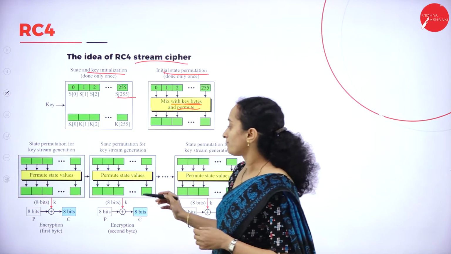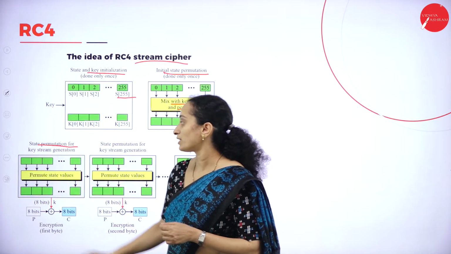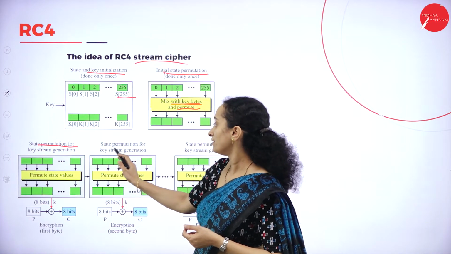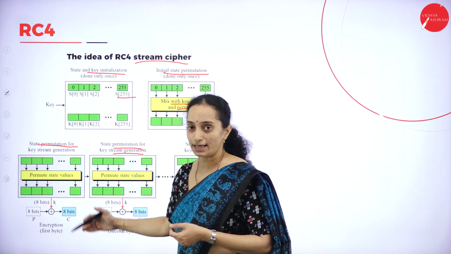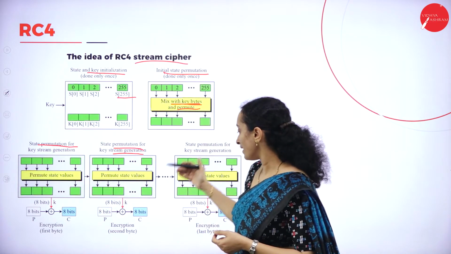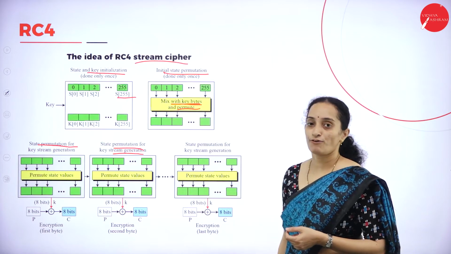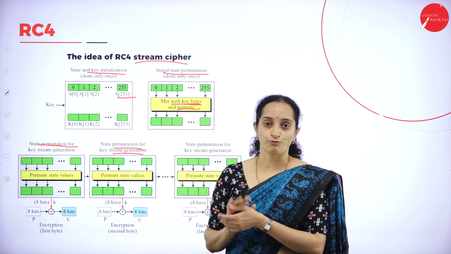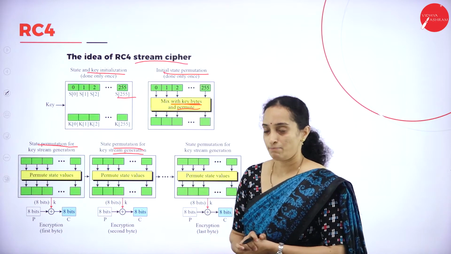Next is followed by the state permutation for key stream generation, the first step. Then again for the second set of bytes, first byte, second byte, up to n number of bytes based on how many bits of data are there in the plain text.